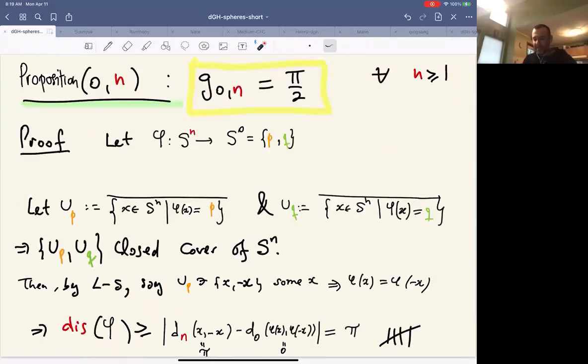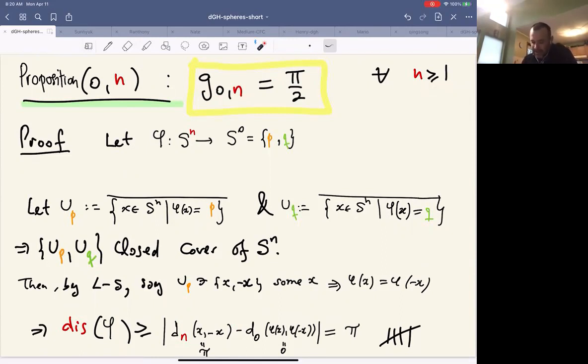And as a matter of fact, one can directly apply Lusternik-Schnirelmann to obtain information about the distance between S^0 and S^n for any n larger than or equal to 1.